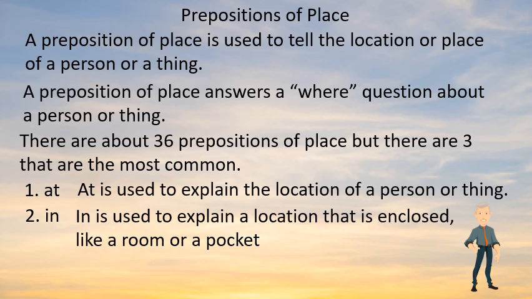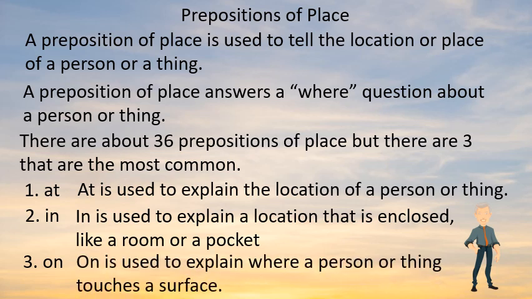In is used to explain a location that is enclosed, like a room or a pocket. Number 3, on. On is used to explain where a person or thing touches a surface.